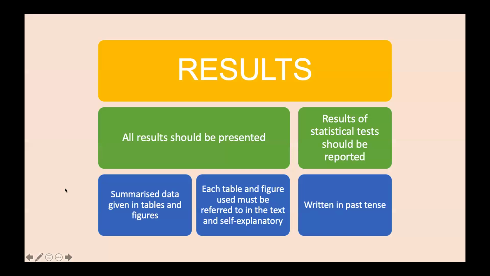Okay, results. All results should be presented, in case you want to publish a full article, full journal. Remember the previous slide? Sometimes in our study we want to have more publications. In order to have more publications, maybe you have more objectives.